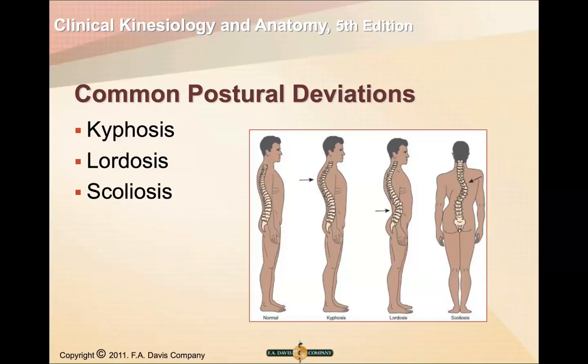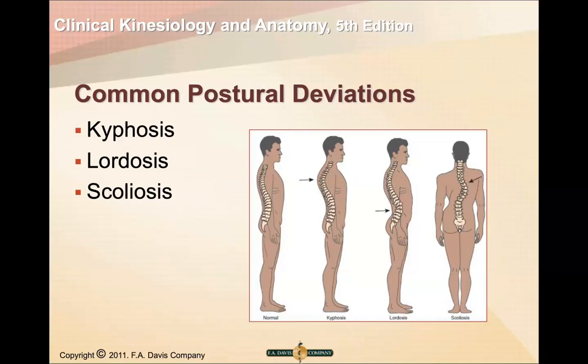Well, let's talk about some common postural deviations. Okay, so the first picture here that I show was just a normal posture. It's just a normal S curve. Then the next posture is going to be what we call increased thoracic kyphosis.